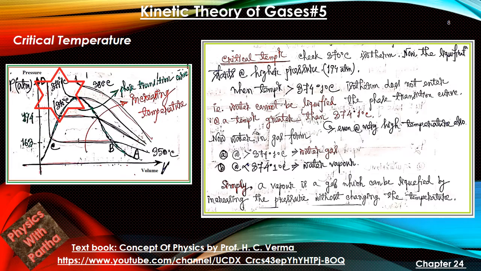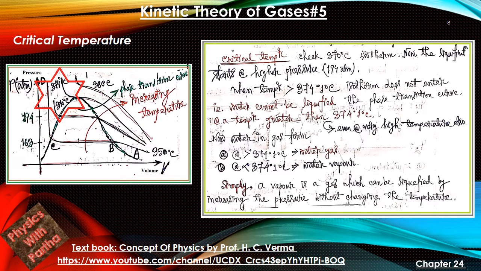If we compare with our previous case, the ABCD isotherm at 350 degrees, the liquefaction started at a lower pressure of 163 atm. But in the case of the 370 degree centigrade isotherm, the liquefaction starts at a higher pressure of 194 atmospheric pressure. That means when temperature is increasing, the liquefaction process begins at a greater and greater pressure.